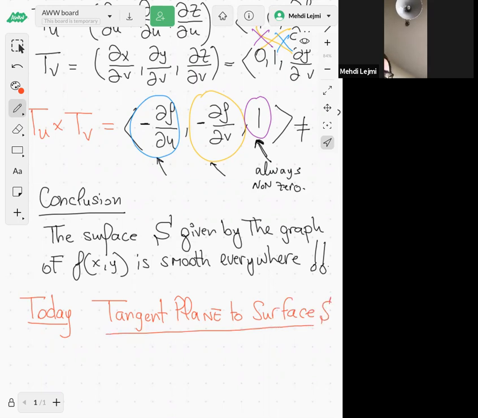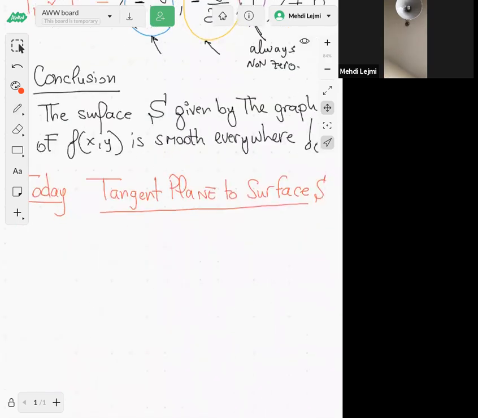Okay, so what's the definition of the tangent plane? It's actually quite simple.